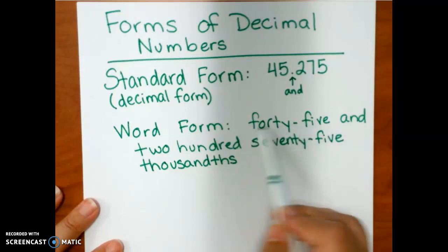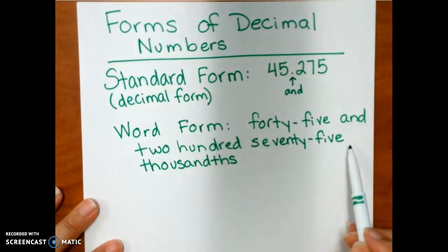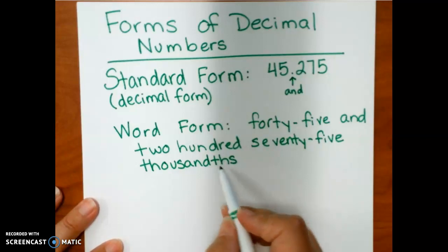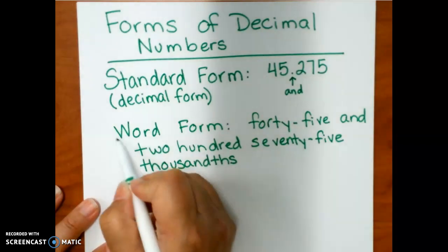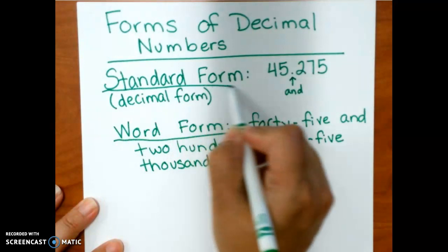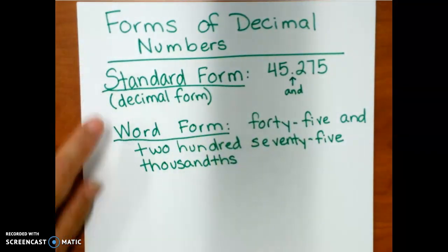So 45 has a dash in the middle, 75 has a dash in the middle. And make sure when you're doing your word form, if your number is to the right of the decimal, you have that THS on the end of it. Some of you didn't do that on the quiz, and so it gets marked wrong. Now, that's standard form, word form.